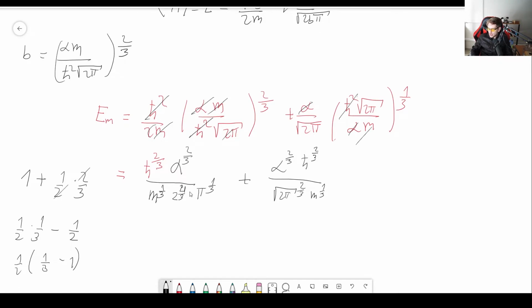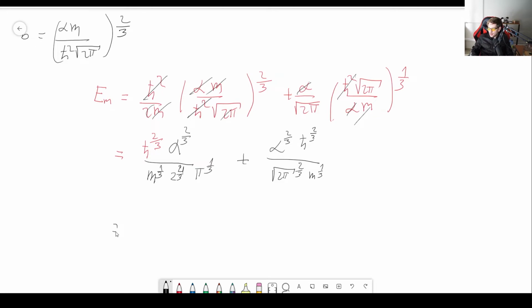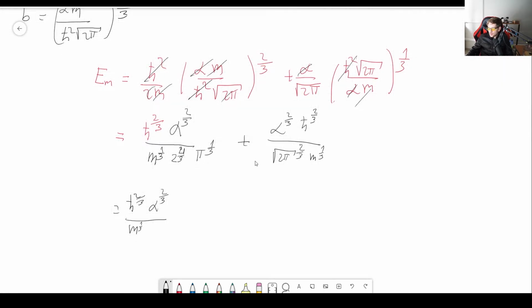Good. So now let's compare both of these expressions and see how we can simplify them further. So both of them have h bar to the 2/3. They also have alpha to the 2/3. They also have m to the 1/3. They also have, let's see, a 2 pi to the 2/3 here.